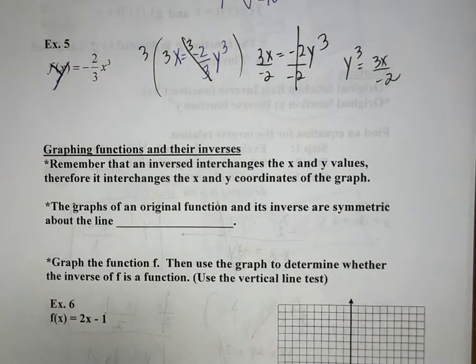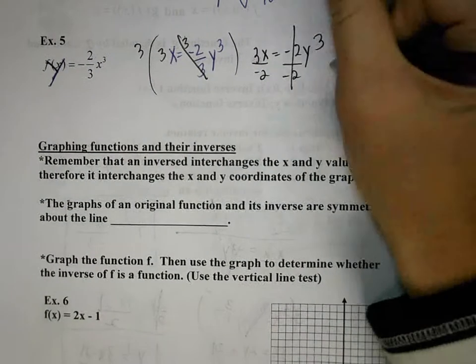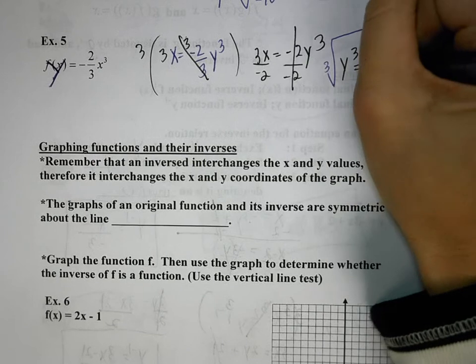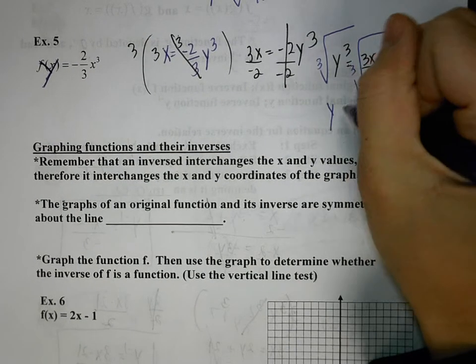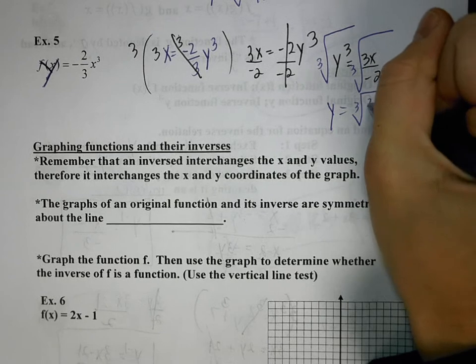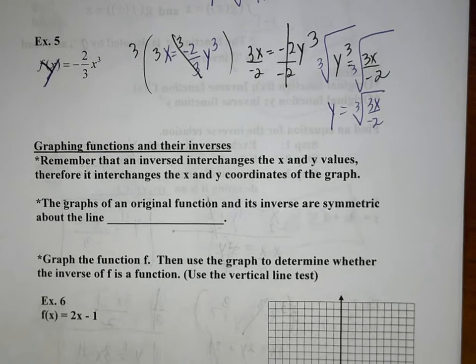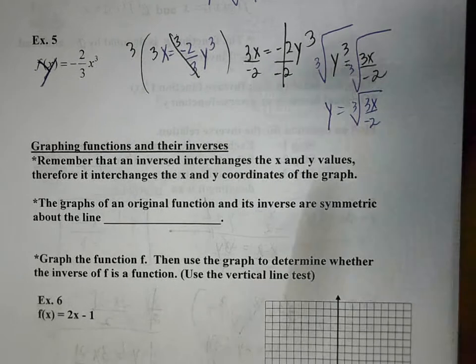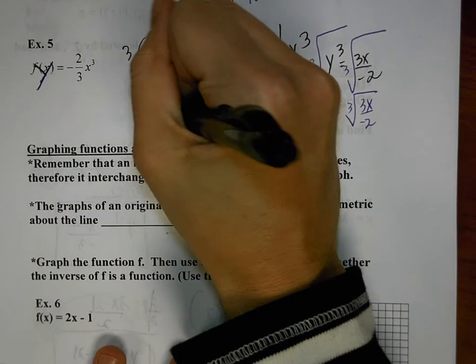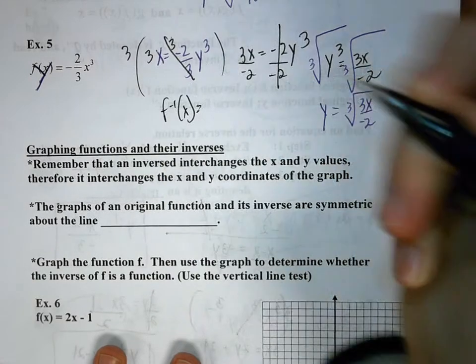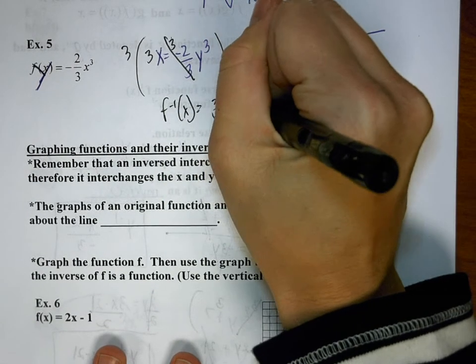In order to get rid of the y cubed, I will take the cube root. So I have y equals the cube root of 3x over -2. It is okay to have a negative under an odd root. And the last thing you need to do is write this as f to the -1 of x equals the cube root of 3x over negative 2.